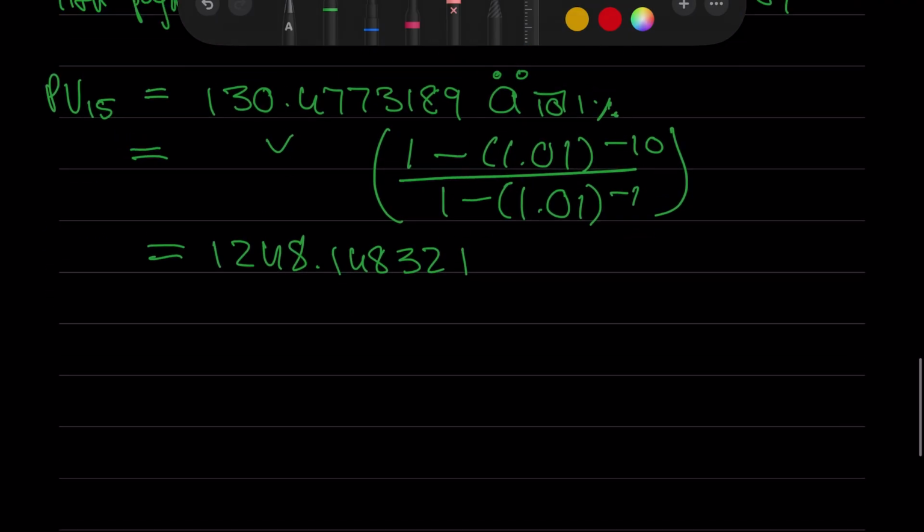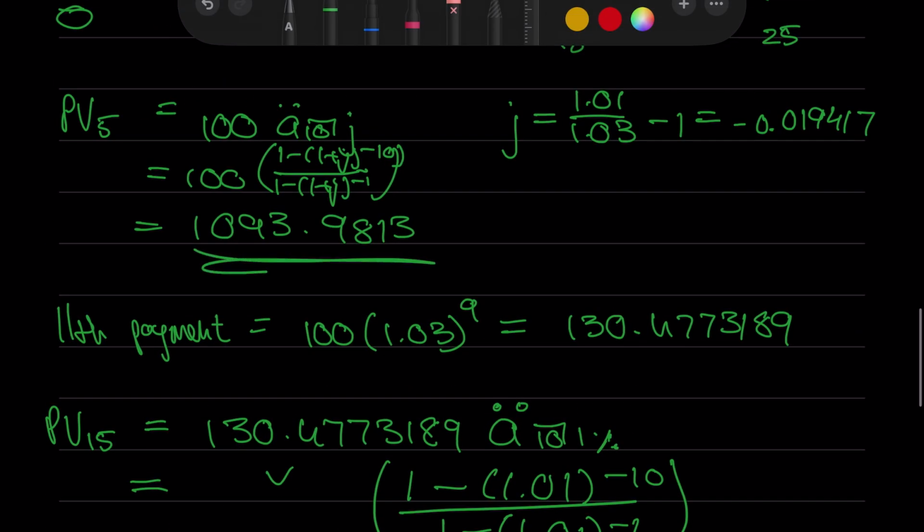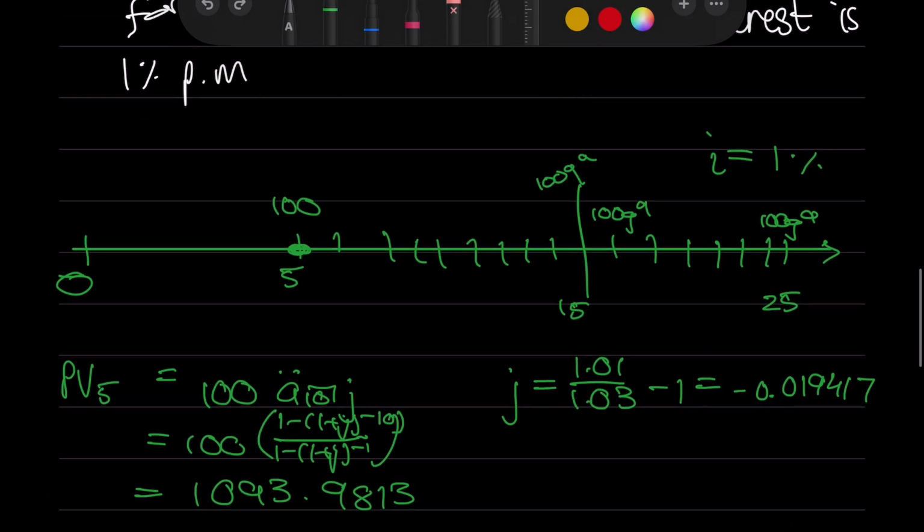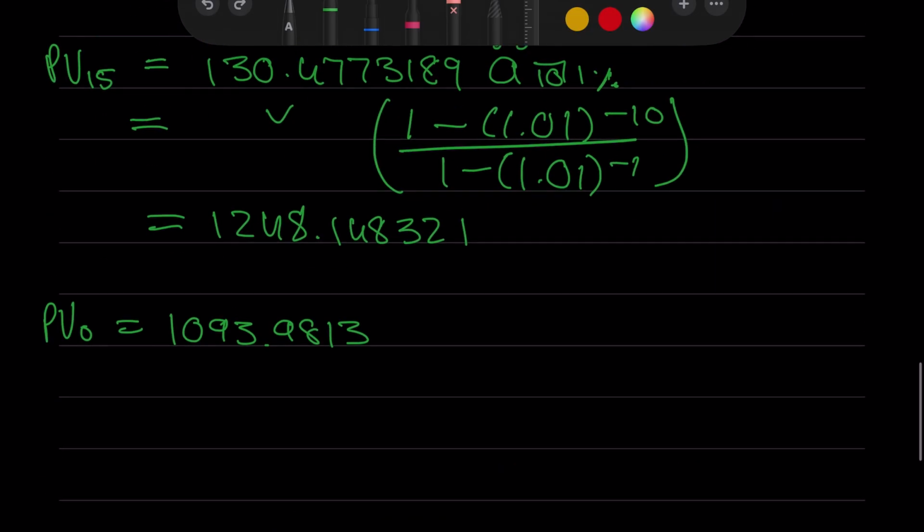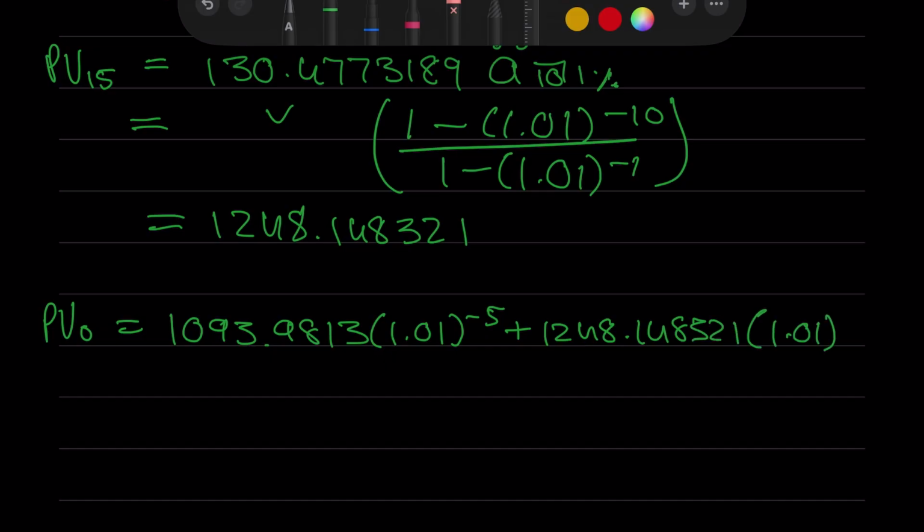However, we need to present value both of these, discounted both to time 0. So present value at time 0 is going to be the 1093.9813. Right, that's that value. And this we need to just present value 5 times, by 5 months. It'll be 1 to the negative 5. And then this value, we're present valuing this one 15 times.